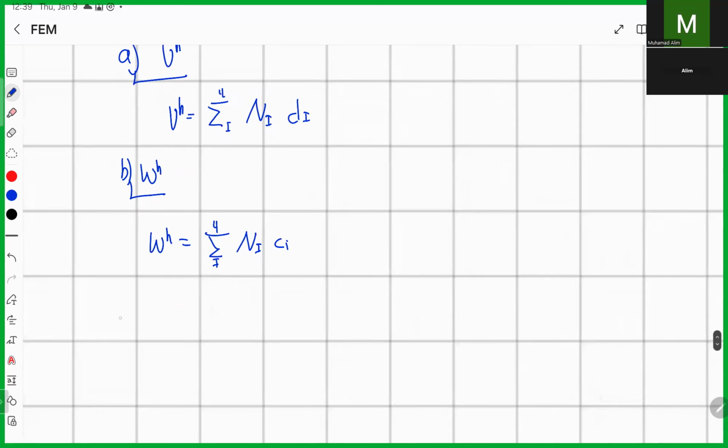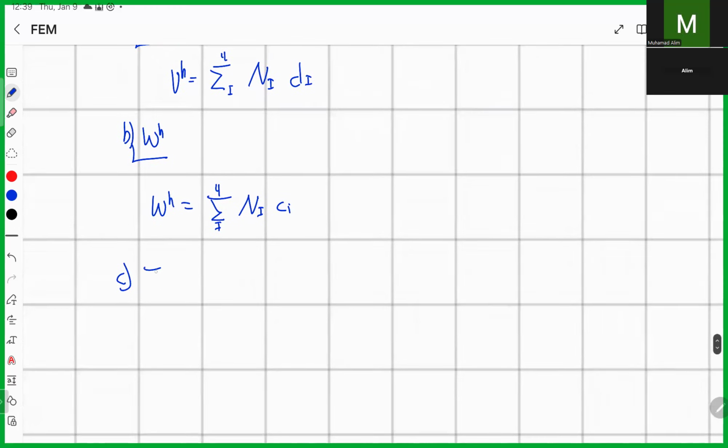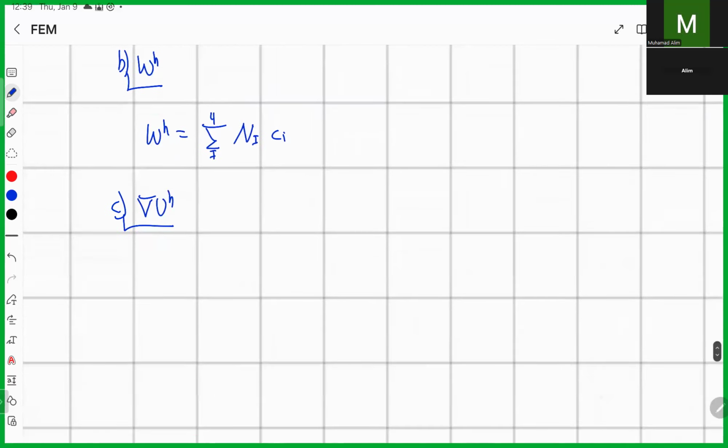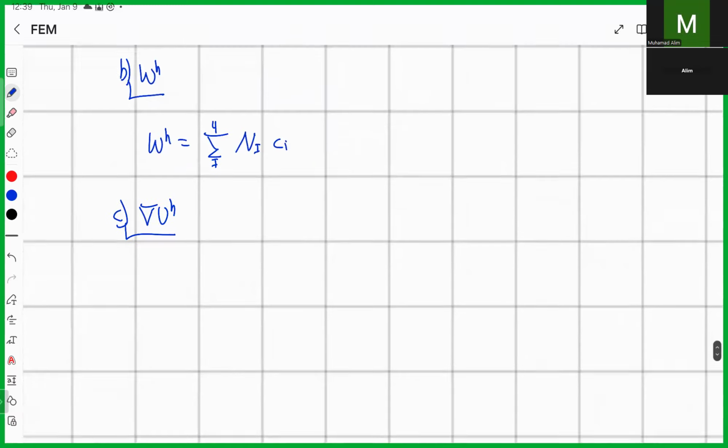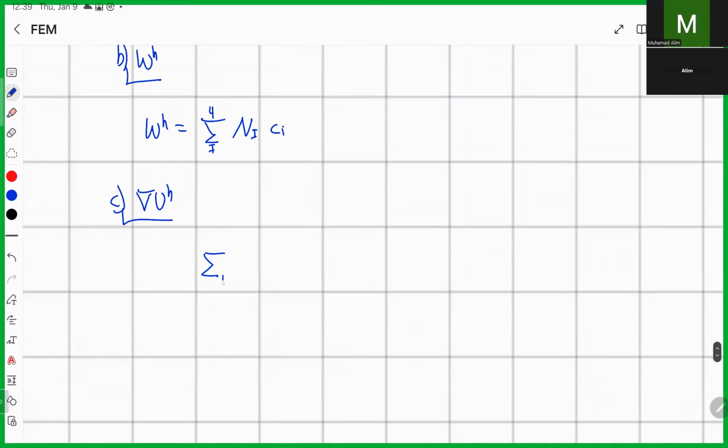And then if you want to get the gradient of u_h here, since we have 2 dimensions here, that means we will obtain the sum of N_i,x d_i, and then this is for N_i,y d_i here. So this is what we have for the gradient of u_h here.